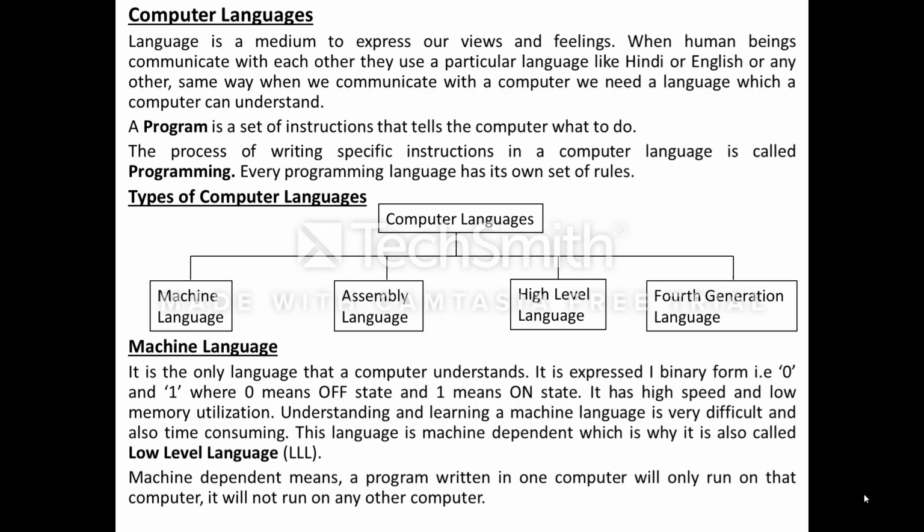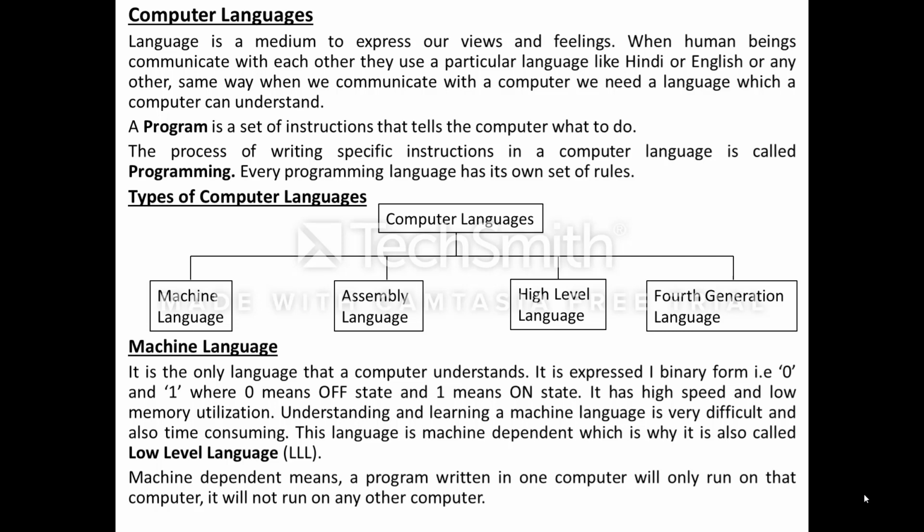Okay. A program is a set of instructions that tells the computer what to do. A program. What is a program? The definition is a set of instructions that tells the computer what the computer has to do. The process of writing specific instructions in a computer language is called programming. If we provide any instructions to a computer in its own language, that is known as programming.